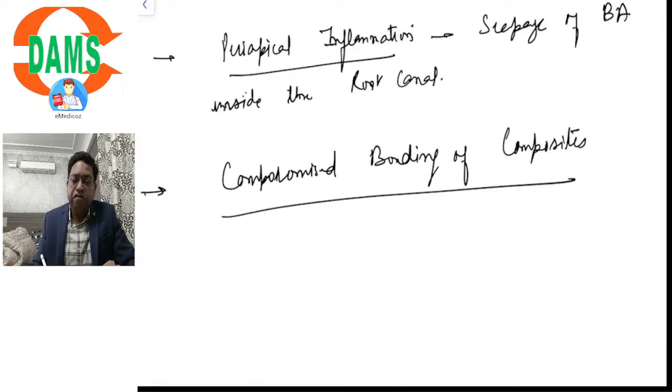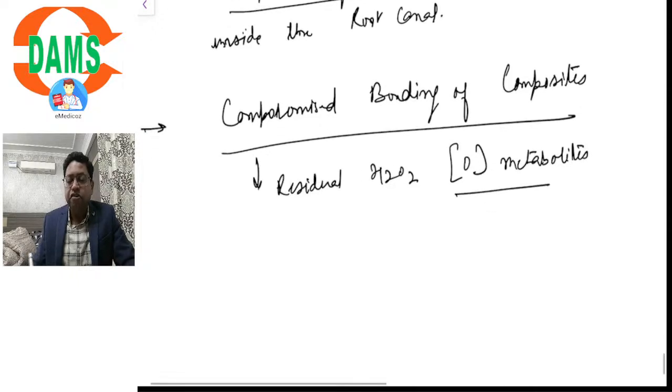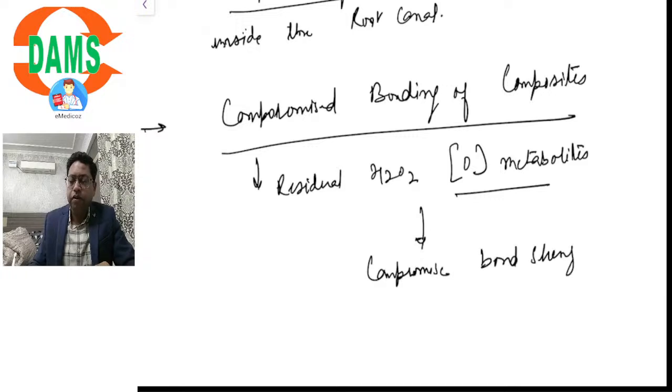But because of the residual hydrogen peroxide or oxygen metabolites, as we have packed the pulp chamber with bleaching agents, these residual active oxygen metabolites compromise the bond strength of composites.